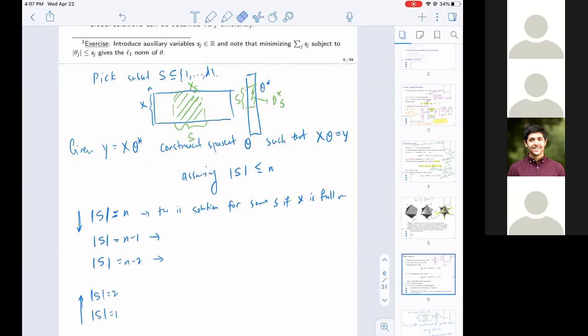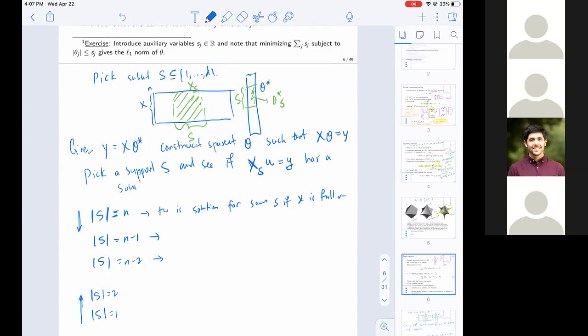Yes. So if I pick a support S, see if x sub s times u equal y has a solution.